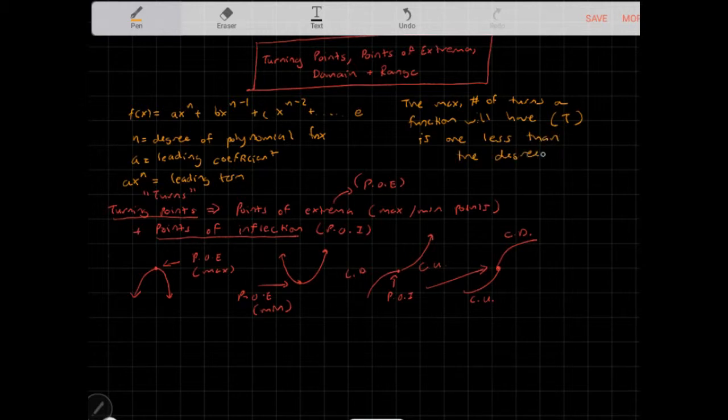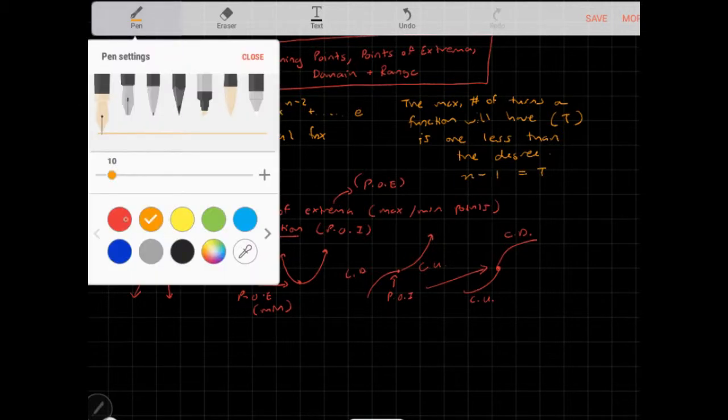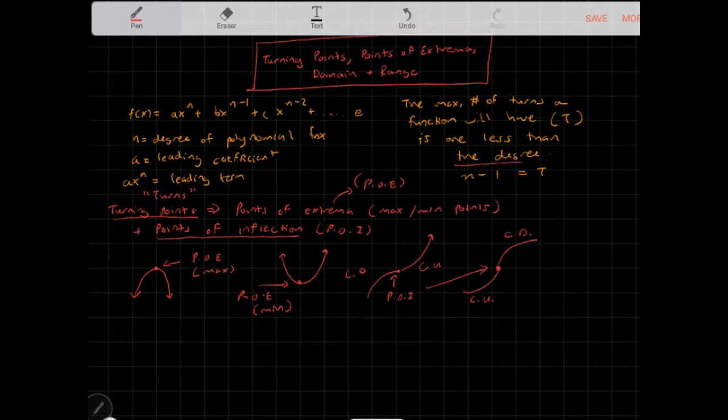Put another way, n minus 1 should be equal to t. So the maximum number of turns that any function will have is always n minus 1.